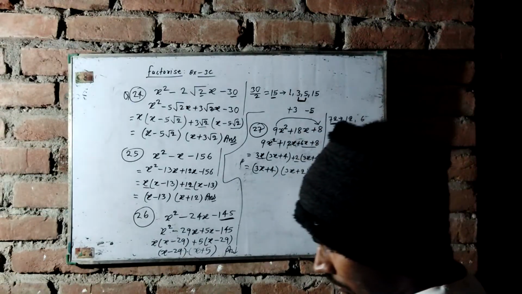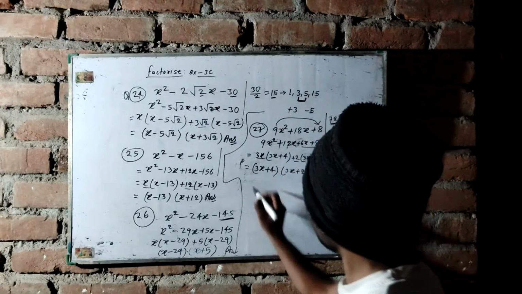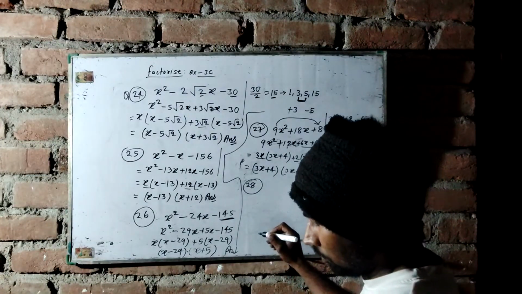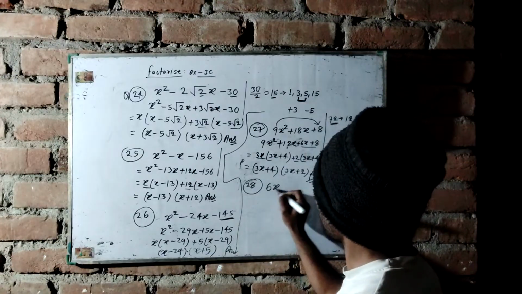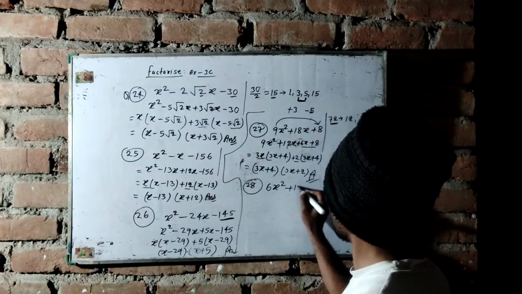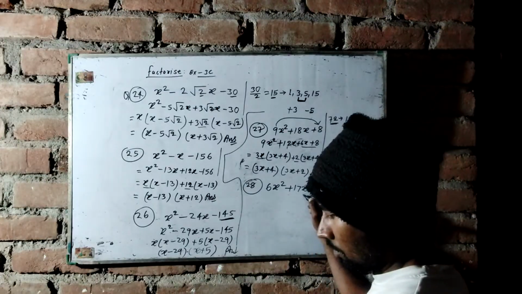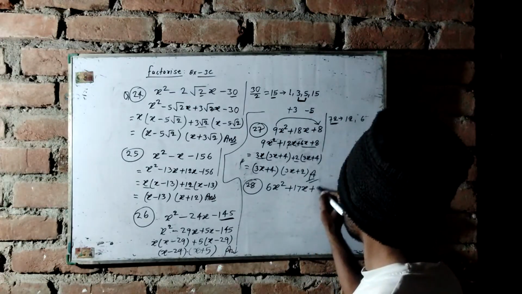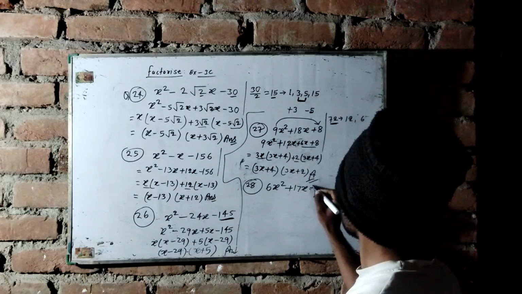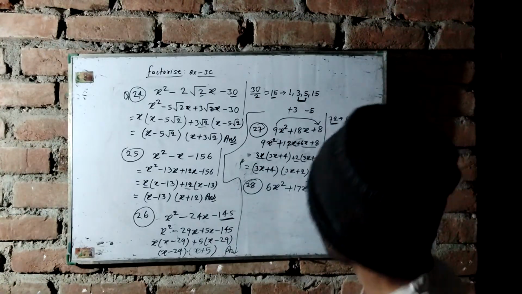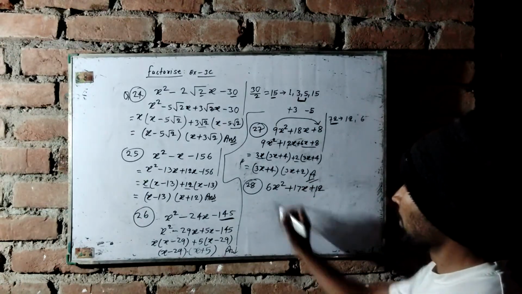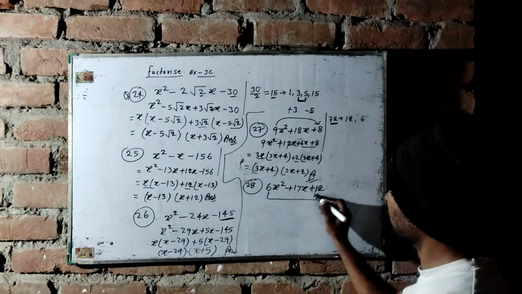Question number 28: 6x squared plus 17x plus 12. For solving this polynomial, you have to multiply this number with this number.